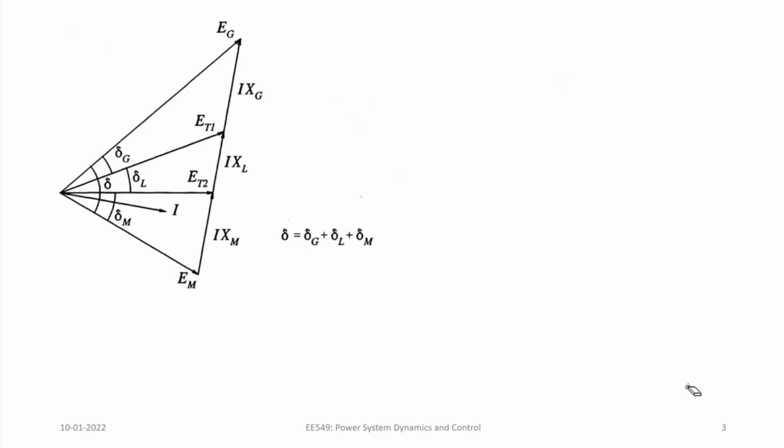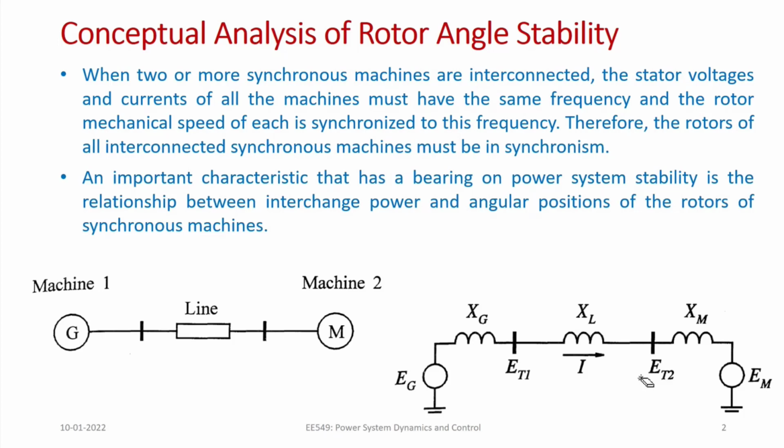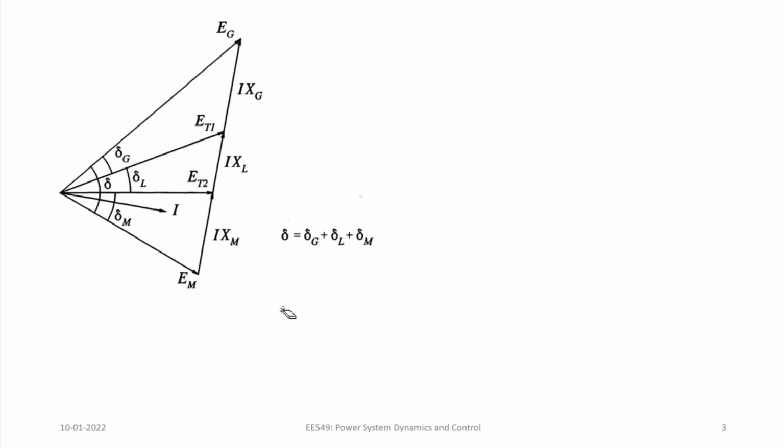So if we plot the phasor diagram of all these voltages, neglecting the resistances and considering only the reactances, the phasors will look like this. We will consider ET2 as the reference phasor, where ET2 is the terminal voltage of the motor, right?